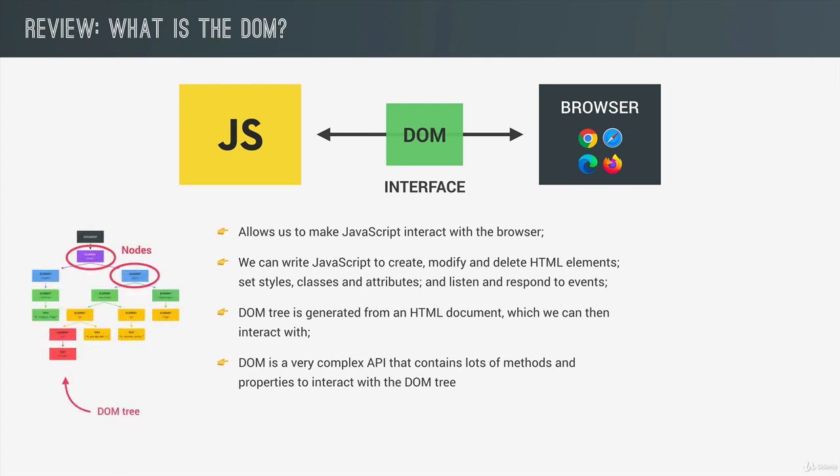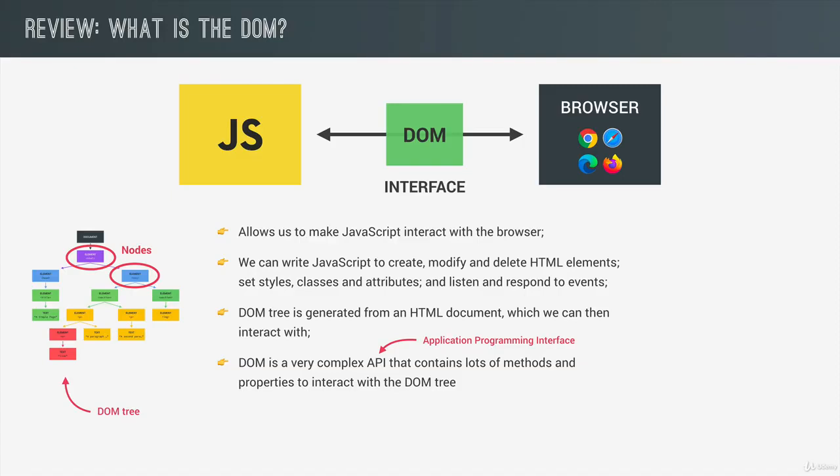And we can then interact with this tree as we already did a couple of times in this course. Now, how does that interaction actually work? Well, the DOM is a very complex API, which, remember, stands for Application Programming Interface. So it's the interface that we can use to programmatically interact with the DOM.